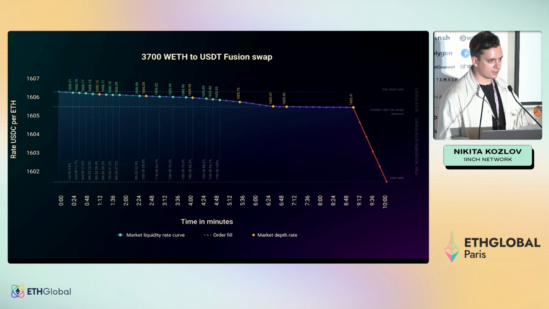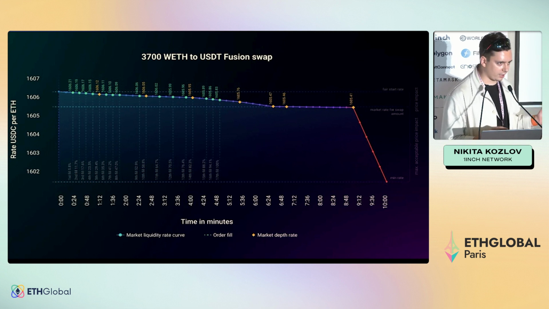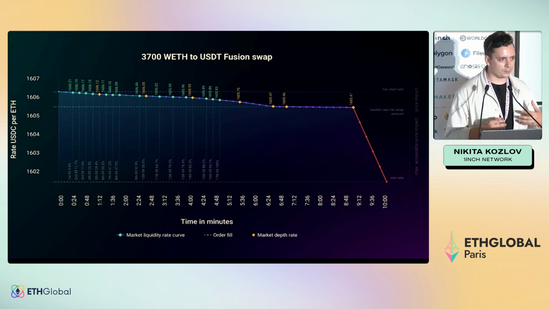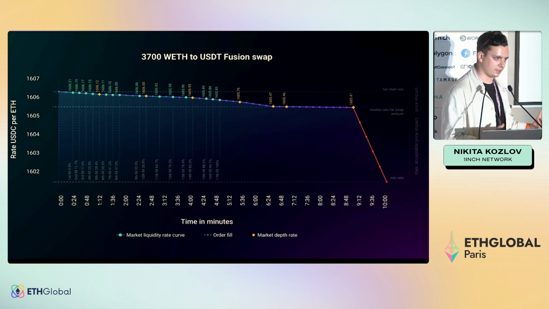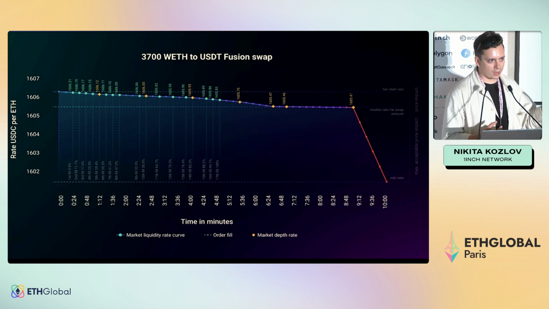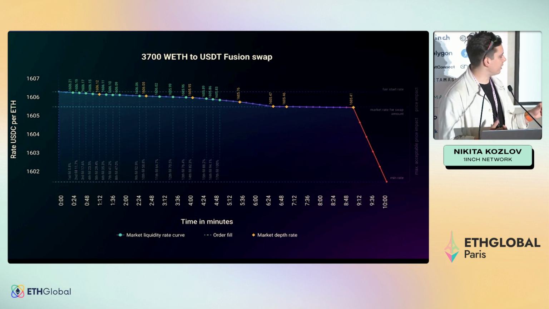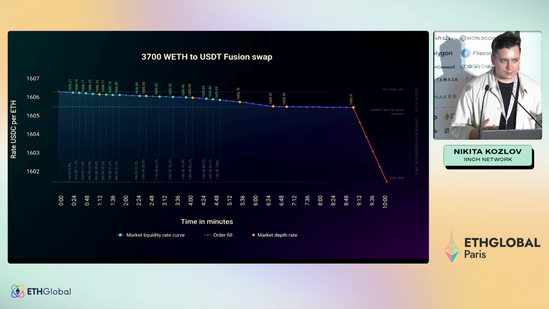We start from a price that is a bit more expensive than the market, and we wait until somebody starts to fill it. The main point here is that there is an open market of competitors trying to fill it, and their motivation to execute this transaction is that when the price gets closer to the market price, they arbitrage it and make some profit. So basically that's the main point of it.